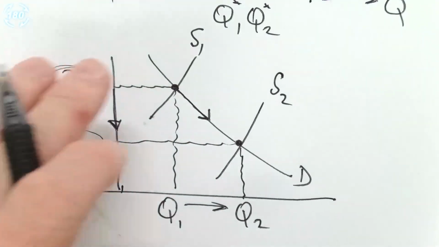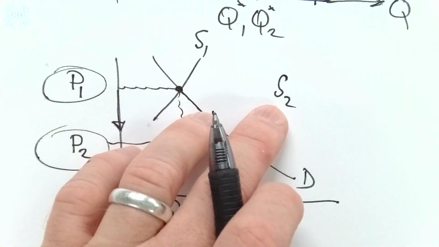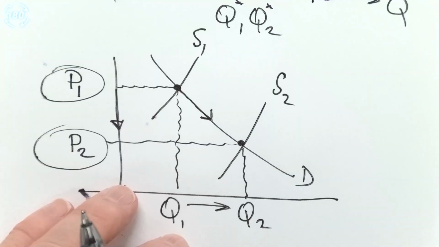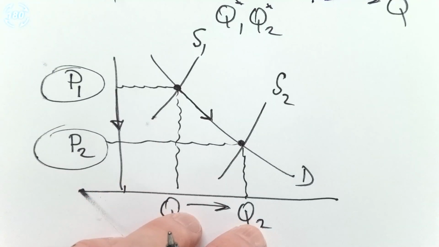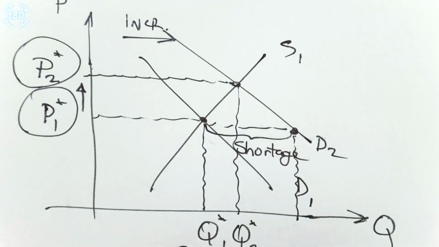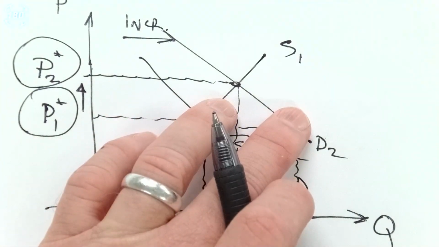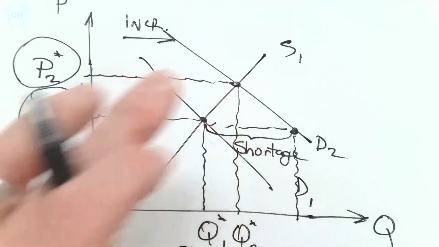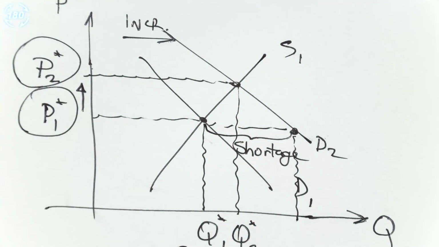So notice there's an increase in supply caused an increase in quantity demanded of gasoline. Whereas up here, there's an increase in demand affected an increase in quantity supplied, because the supply curve is just sitting there. So, you got a lot going on here that you want to keep straight.